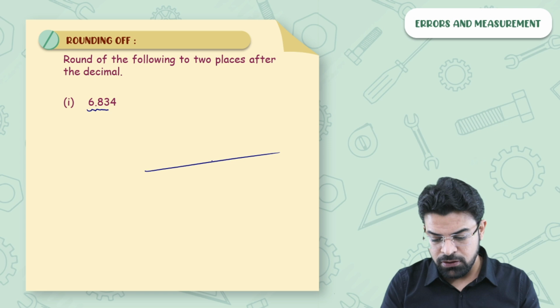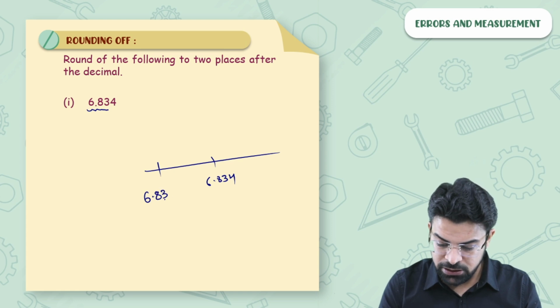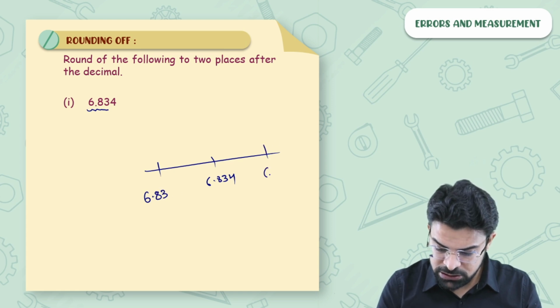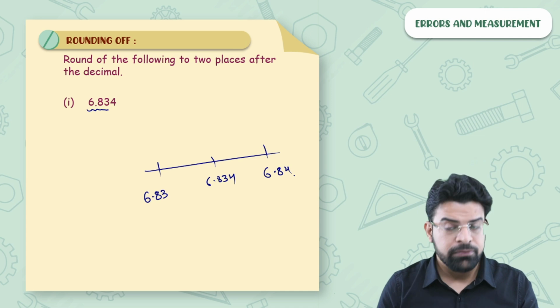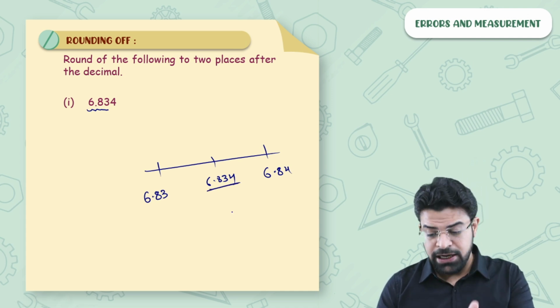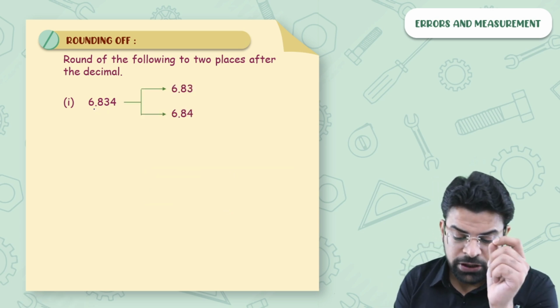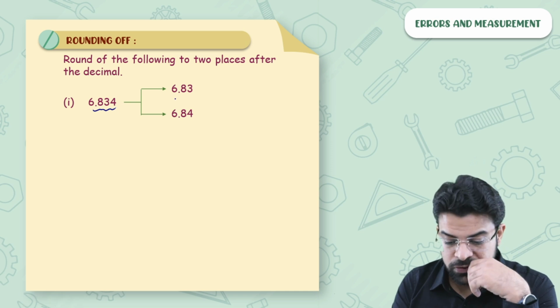If you think of 6.834, it will lie somewhere between 6.83 and 6.84. So 6.834 lies between 6.83 and 6.84. Now the question is, is 6.834 closer to 6.83 or 6.84?